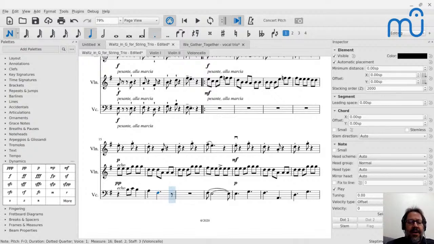I want to make that one dotted. And then do, boo, boom, boom. I just made up a melody.